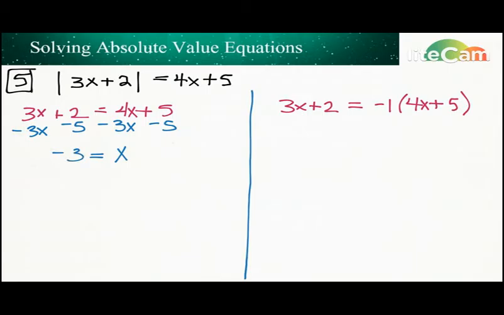Okay, so I'm going to go ahead and work the other side and then we'll check each solution. Okay, let's do this one. So we've got 3x + 2 equals -4x and a -5.